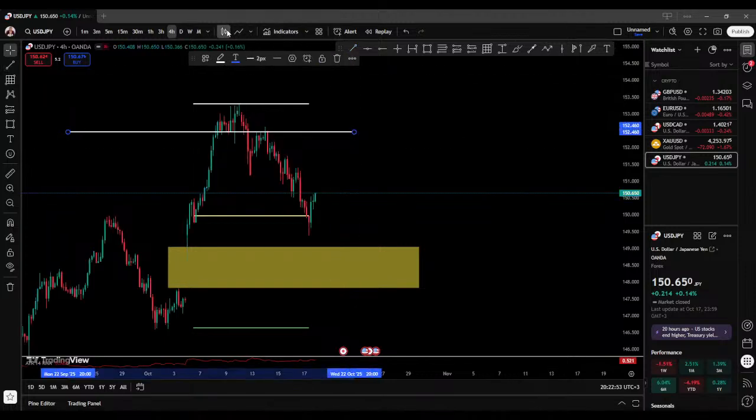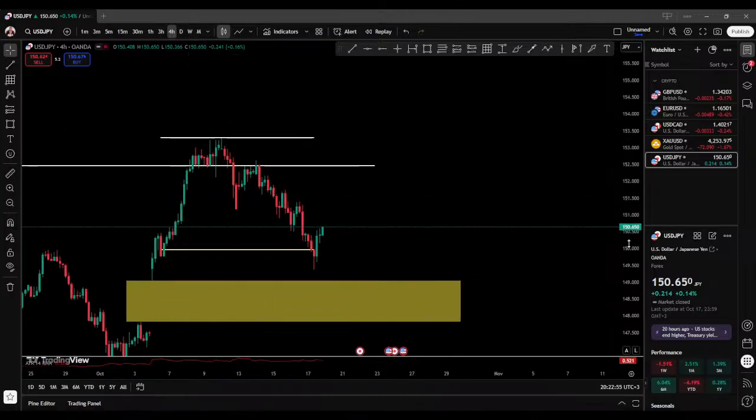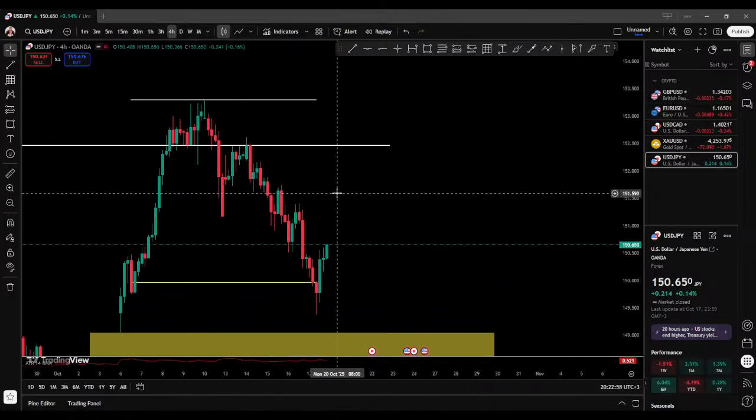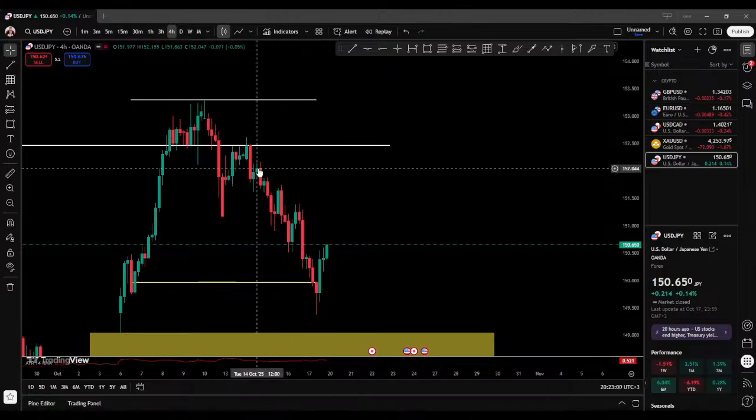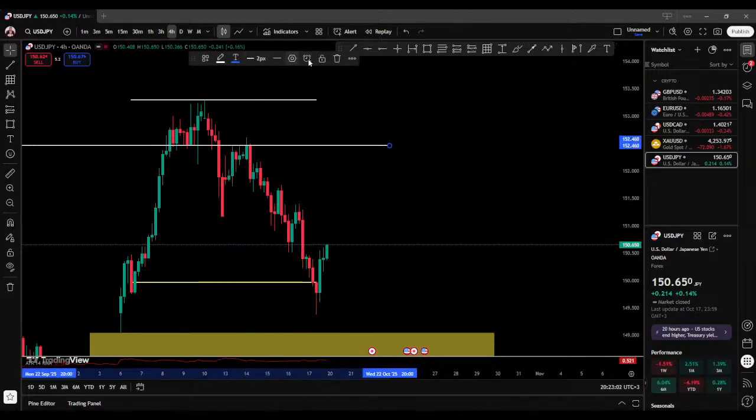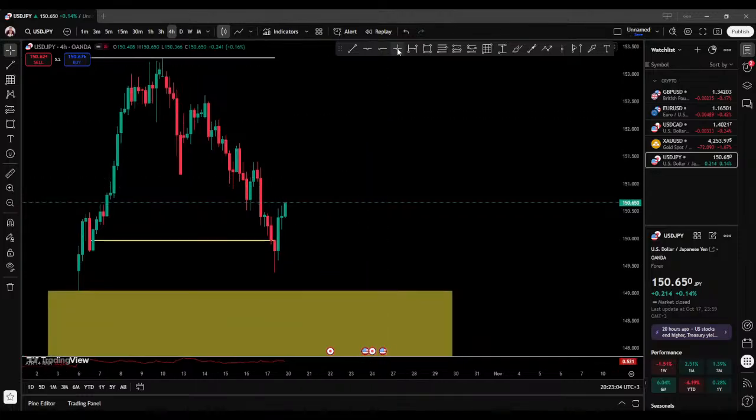So look for any liquidity that is somewhere here. If there is none, because I cannot see any, wait for this market to come here.